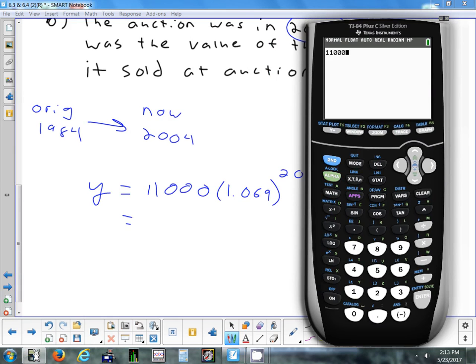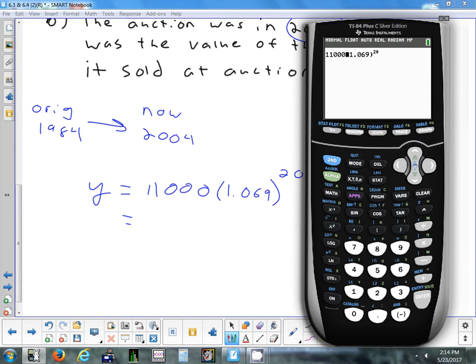Just type 11,000, press times. Now, in parentheses, I'm going to put 1.069, raised to what power? 20. Why can't you just put the 11,000 right up against it? You could. In this case, you don't need the times sign if you put the parentheses. You could do it like this on this calculator, and it would still work.